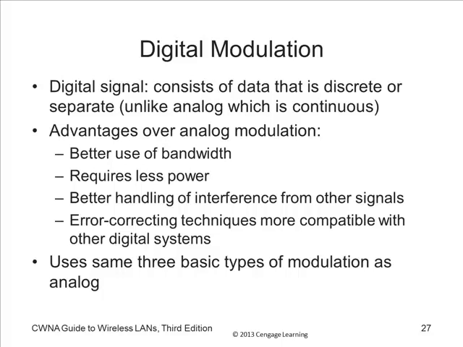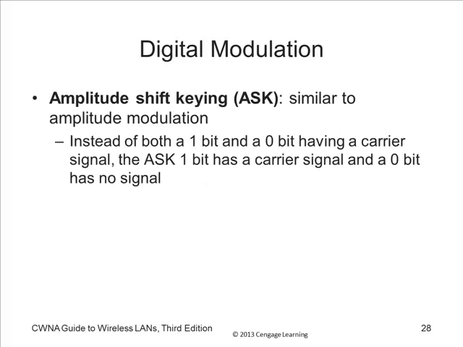Error correcting techniques, the same 3 types of modulation as analog. It's going to be amplitude, frequency, and phase for digital as well as for analog. Except they're going to have a little bit different name, and I think I've got a chart here that's got these on it, and your modulation activity is to recognize the charts, what they look like.